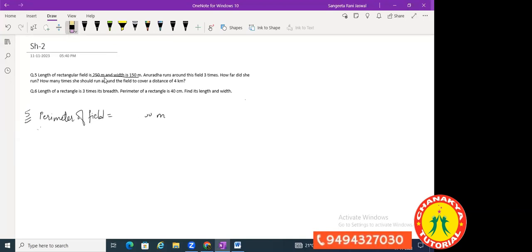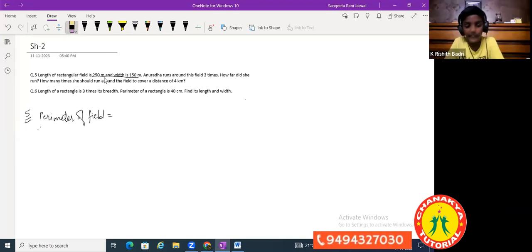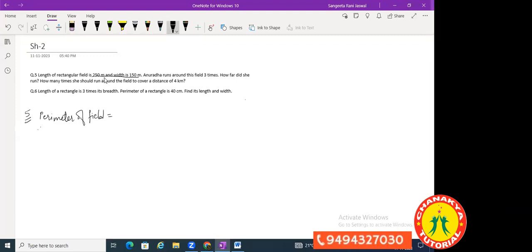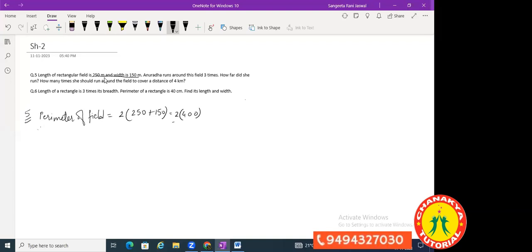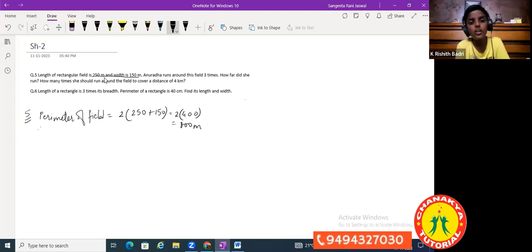Teacher, perimeter of the rectangular field is 800 meters. Teacher, if you multiply 250 into 150, the answer comes as 37,500. Everyone is getting 800 meters. Yes, ma'am, I too got the same, 800 meters.